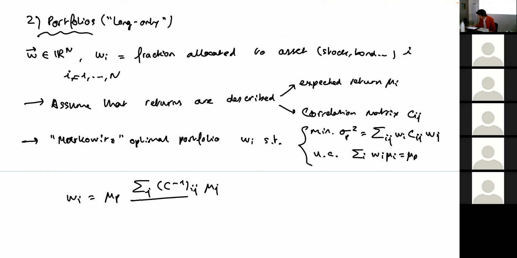And then you have some normalizing factor at the denominator. Okay, so this is one possibility. And so that's how you solve the problem. And it was done by Markowitz in 1952. So when I refer to a Markowitz portfolio, it's really that satisfying this optimization problem, and so given by this formula.